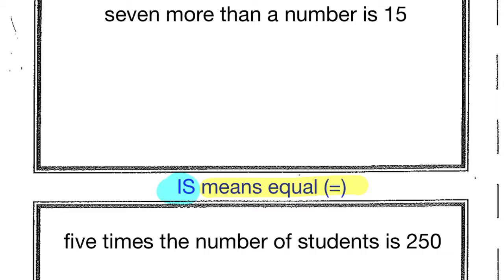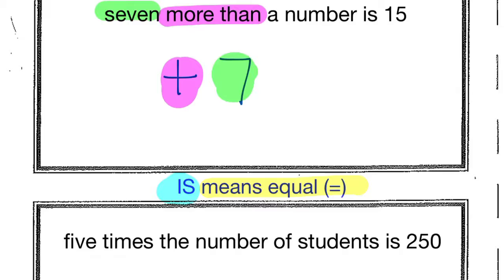Our first example is, and we're going to highlight like we did last time, 7 more than, which means addition again, a number. We don't know what that number is, so we're going to put that variable there. Is, here's that is.